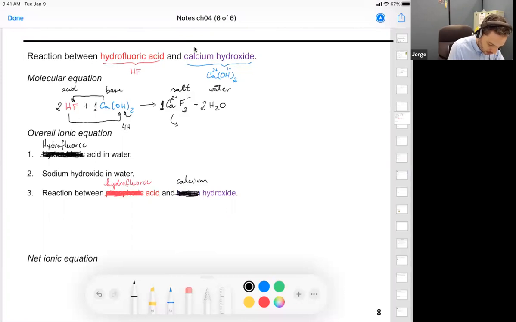Of course, you need to remember how to name the salt. And for salts, the first word is the name of the first element, calcium. And then we are going to write the name of the anion. In this case is fluorine. And when it's an anion, fluoride. Remember about the IDE ending when you have F minus.